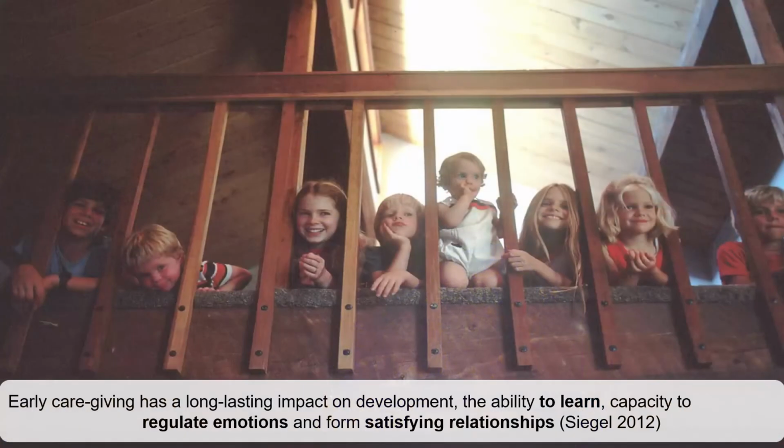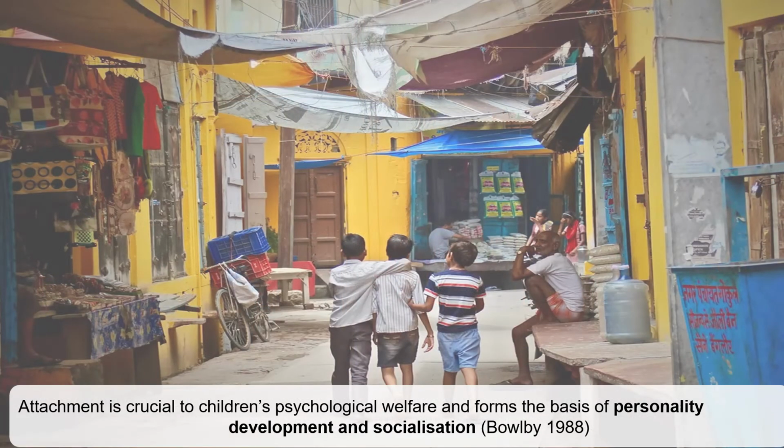Early caregiving has a long-lasting impact on development, the ability to learn, and the capacity to regulate emotions and form satisfying relationships. Attachment is crucial to children's psychological welfare and forms the basis of personality development and socialization.